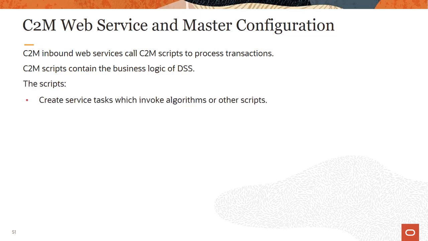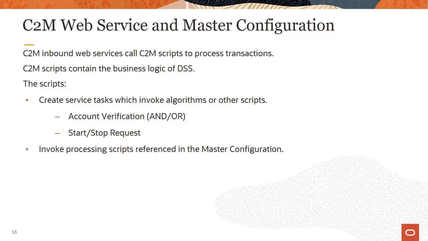The scripts typically create service tasks, which invoke algorithms or other scripts. For example, the account verification self-service task, which validates that the account number and person ID is valid, and the start-stop request task, which processes a new start or stop service request. Scripts can also invoke processing scripts that are referenced in the master configuration.